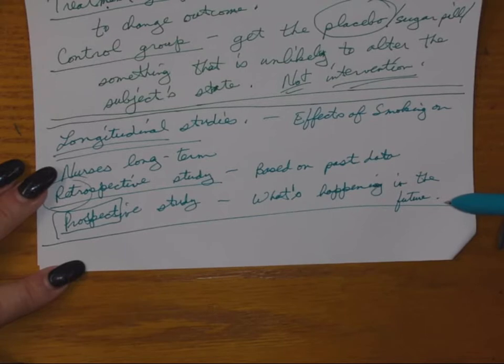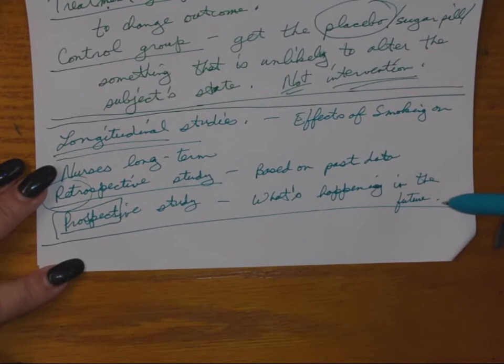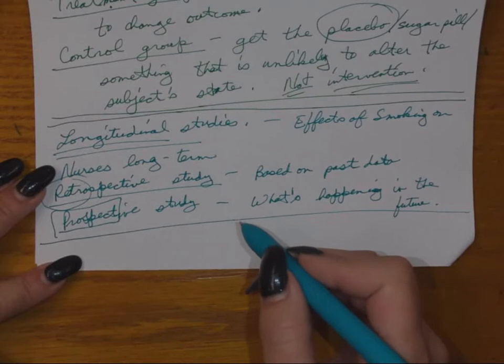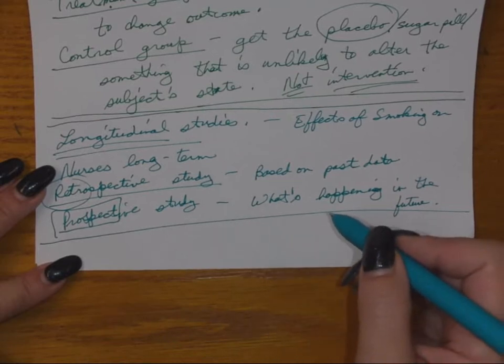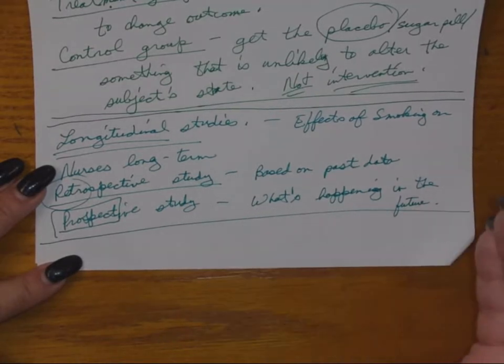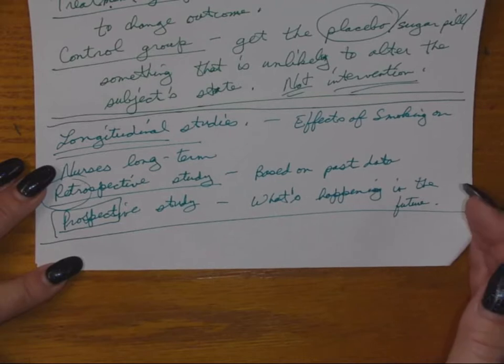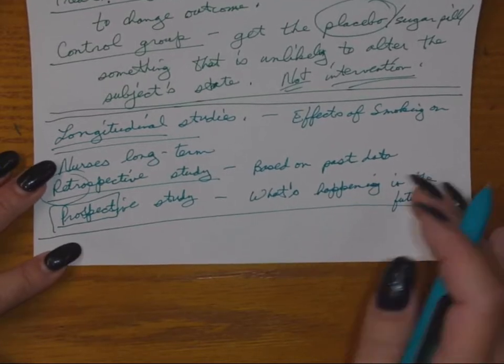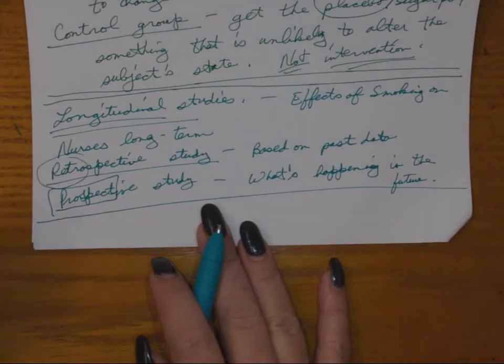Okay? I'm still not trying to affect anything or to cause anything to happen or to change any outcomes. I'm not altering anything as I go along. That would be experimenting. Okay, instead, I'm looking at this data and I'm saying I'm just going to go and gather data on how many people are in car crashes and didn't wear their seatbelt from now until the next 3 years. Okay, so that's a future or a prospective study. So that's what's going on there.